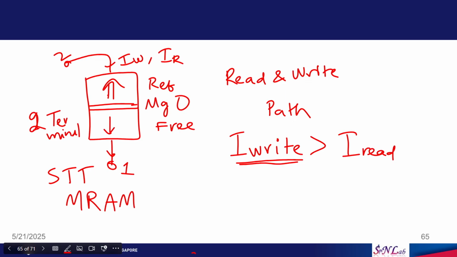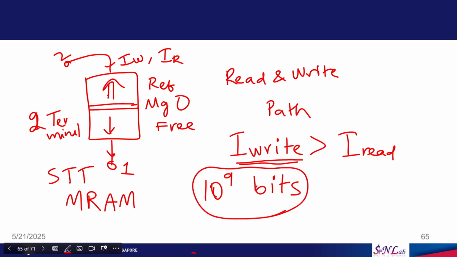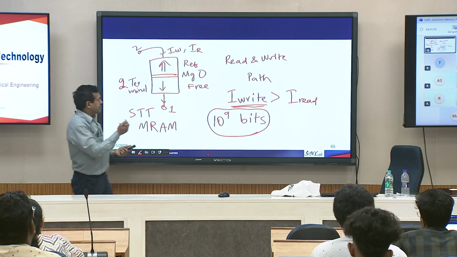I told you that the writing current is larger than the read current. So, the writing current goes through this device. So, let us say we write billions of bits. Every time you write information, the device will get heated a bit, right. So, there is a Joule heating.